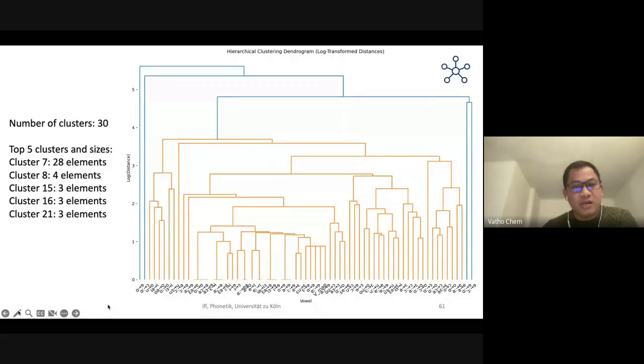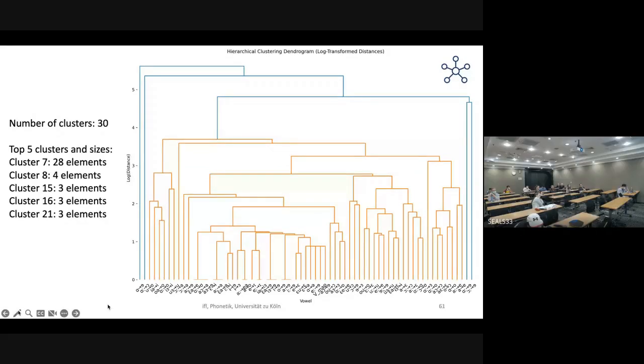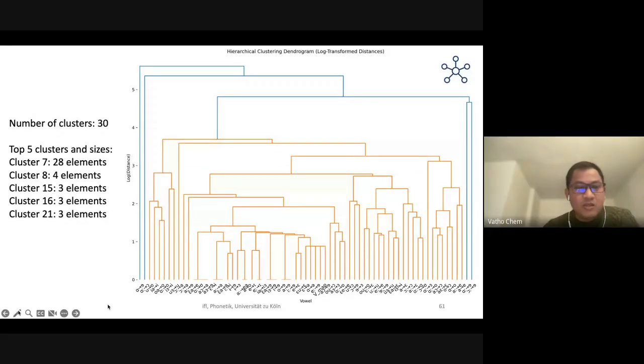As you can see here, the red color in the middle is cluster 7. There are at least 28 elements for clustering. So now we have why the clusters form and how they are correlated with each other, how the distance can be shaped to the data set that we are going to use for random forest.